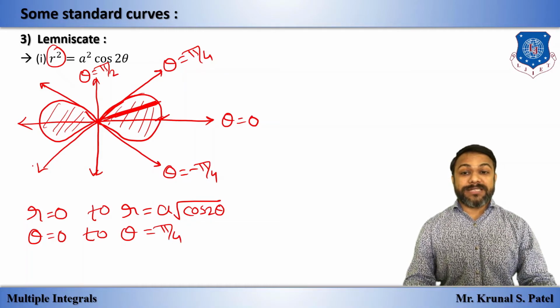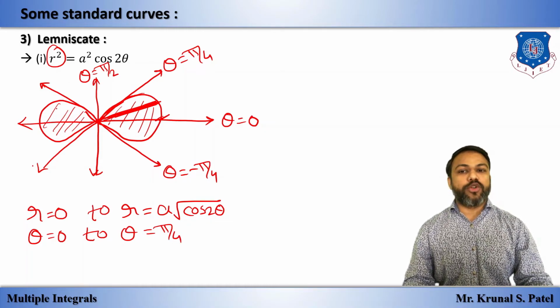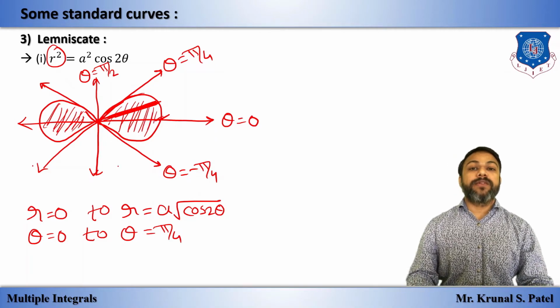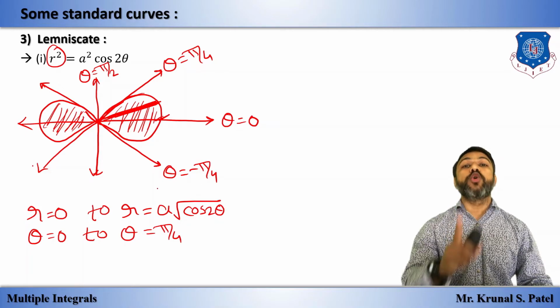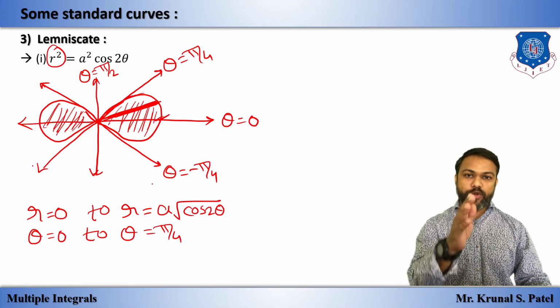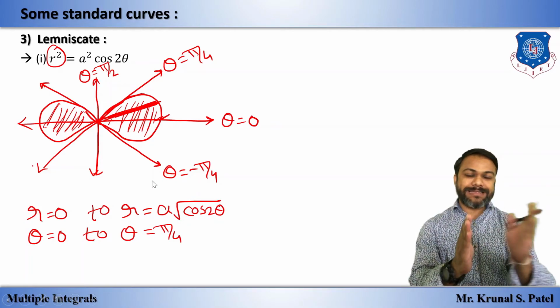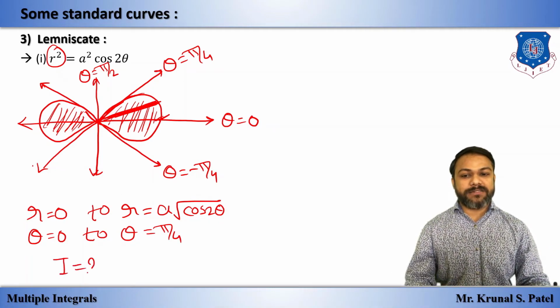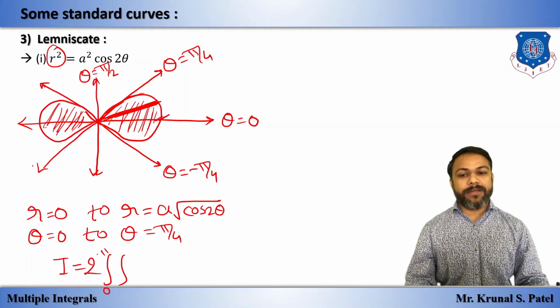And this is one loop and this is second loop. So we have two loops. If it is asked over a loop, that means only one loop, the right hand side loop. So we can multiply 2 times. I is equal to 2 times double integration, and 0 to pi by 4.